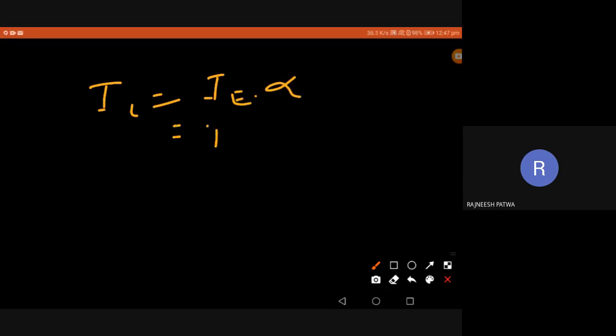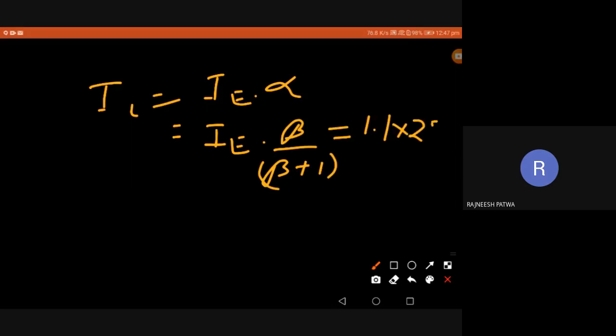That is equal to IE into alpha, which is beta divided by beta plus 1. Okay. So we get 1.1 milliampere into 250 divided by 250 plus 1. This is IC.